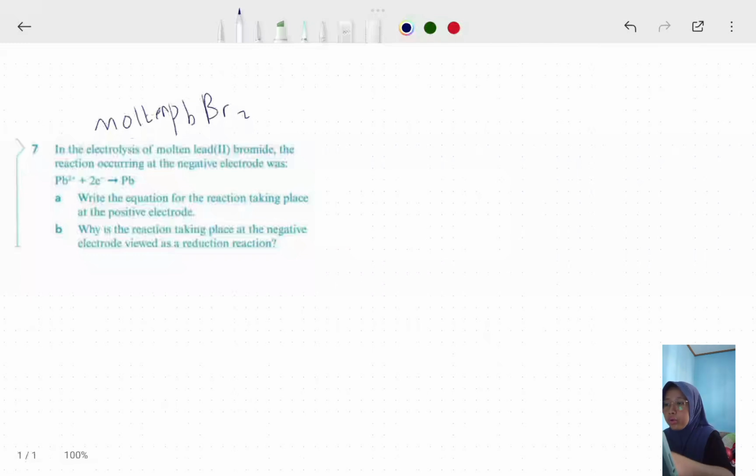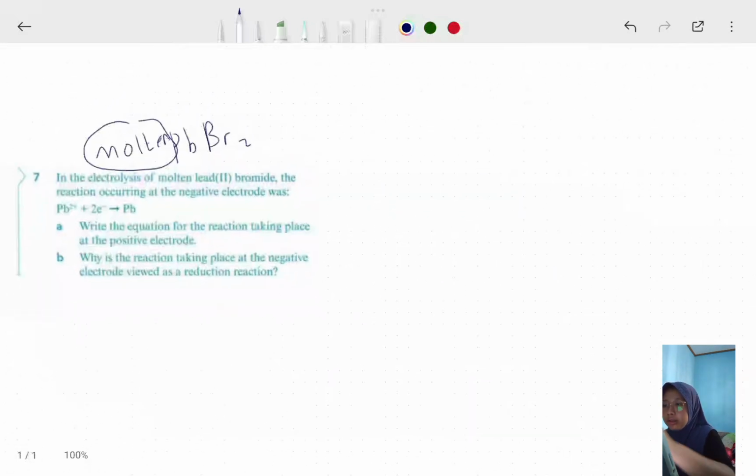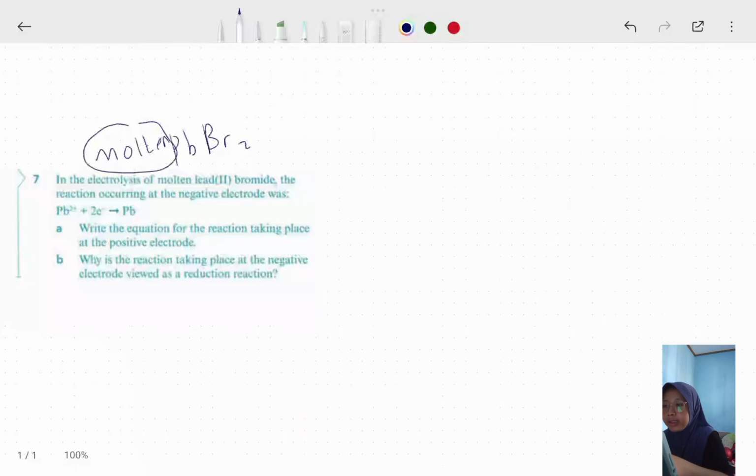Typically, when we use molten electrolytes, both ions of this compound will be reacting at the electrodes. We call these binary ions.